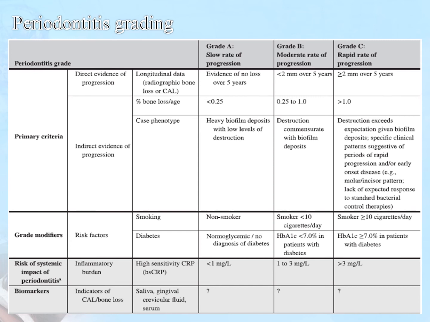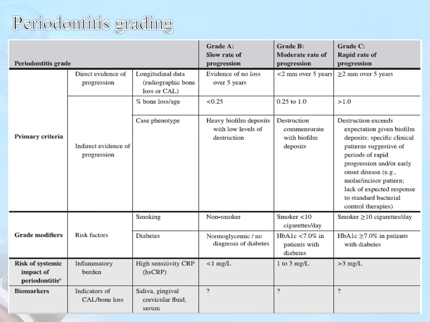So for direct evidence of progression, supposing an individual has radiographs for the past 5 years, and you see that there has been no loss of bone for the past 5 years, then he's graded under grade A. If he has less than 2 mm of bone loss over the past 5 years on the radiographs which you assess, then he is a person with a moderate rate of disease progression. If it is more than 2 mm, it is called rapid rate of disease progression.